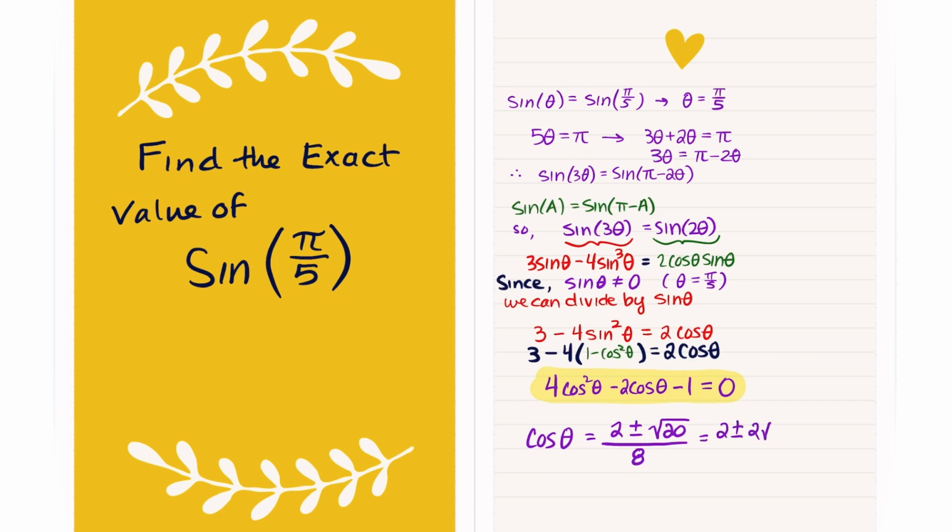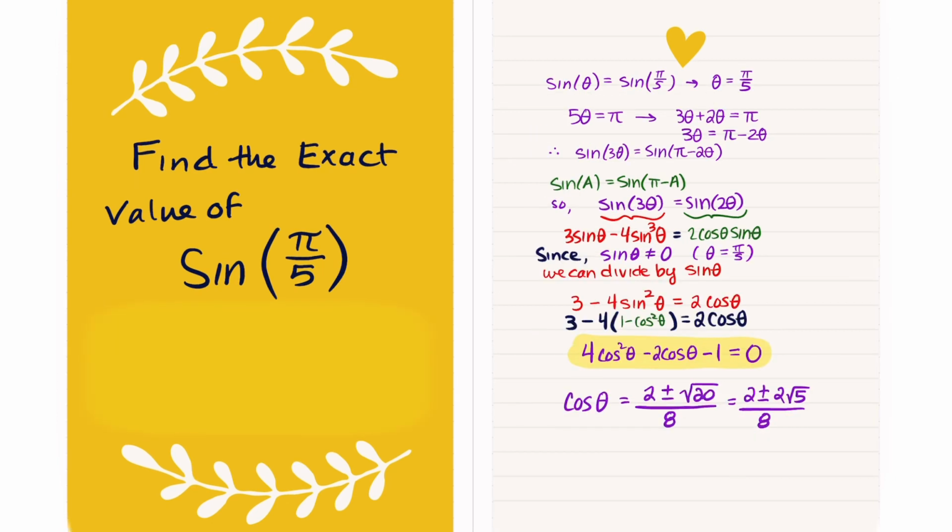This can be further simplified by reducing the radical to 2 radical 5. And then dividing everything out by 2, we can simplify this even further and write that the cosine of theta is equal to 1 plus or minus the square root of 5 all over 4.